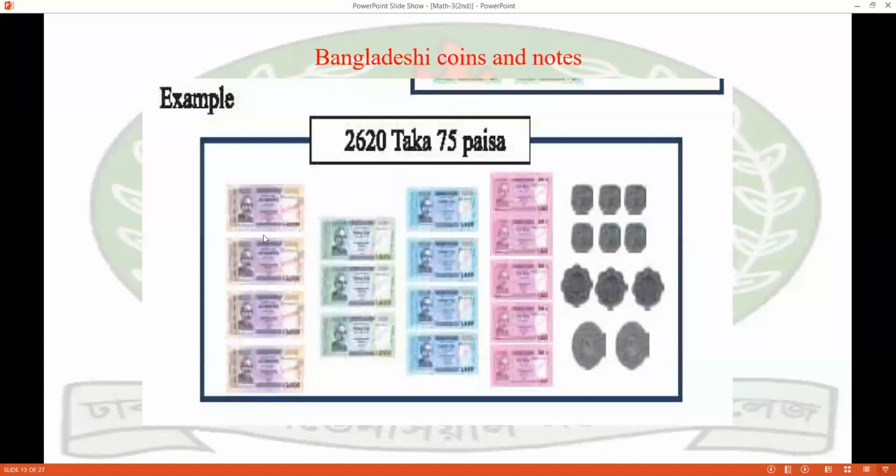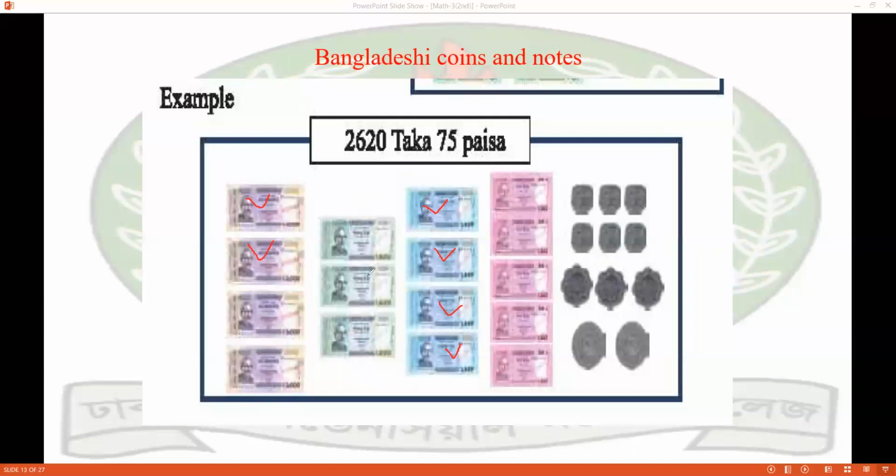At first we take two 1000 taka notes. So we choose two 1000 taka notes. Then we need 620. From the 100 notes, we take 4. So we take four 100 notes, and then we need 220.